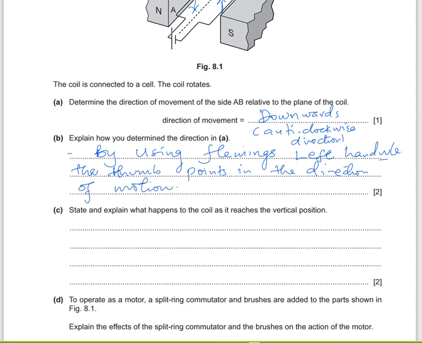So the thumb will point in the direction of motion. The first finger, of course, is the direction of the field, that is from north to south, and the second finger in the direction of current.